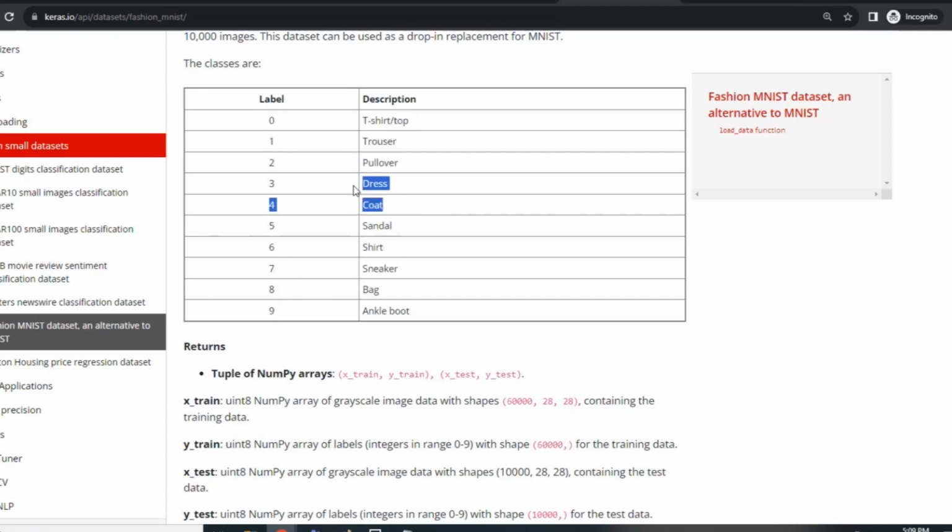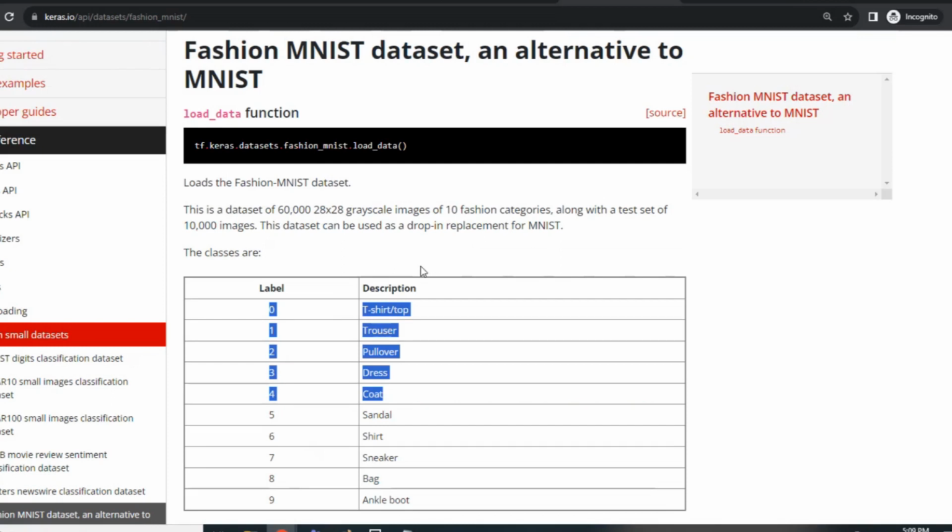If we have only 5, for example, assume that we don't have sandal and shirt and etc., then you need to put 5. If you have 3, then 3. If you have million, then you need to put million. Well, million is too much. I think your data set must be in terabytes. I don't know how much is the size in order to train for that many classes.